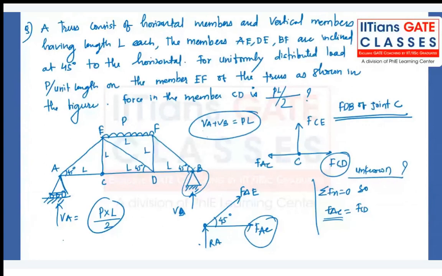There will be load in the member AE, there will be load in the member CD, there will be load in the member DE, FD. All the members will have some load. That doesn't mean you have to calculate everything. What they're asking here is the force in the member CD, and you don't need the ED force to calculate the CD force. Are you following?